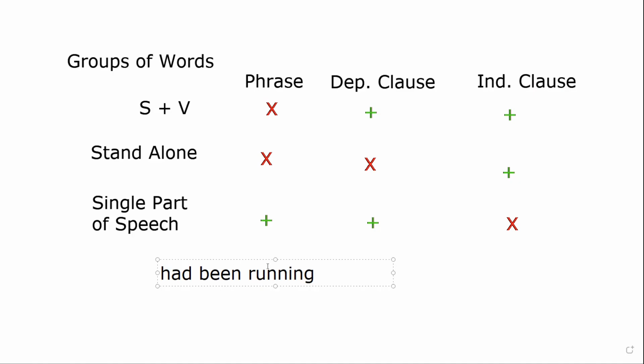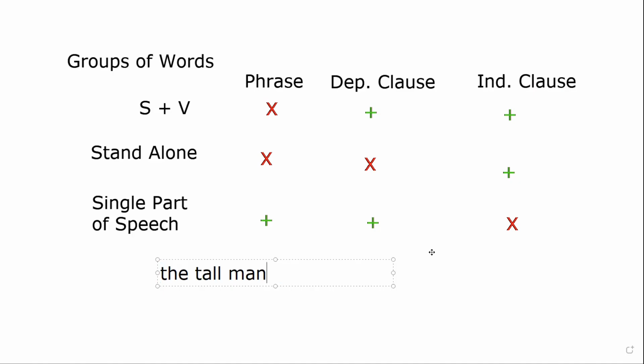Is it a single part of speech? Yes, it's a verb. So this is a phrase, and it's a verb phrase, right? We can even say the tall man. Does it have a subject and a verb? No. Does it stand alone? No. I haven't said anything about the tall man. Is it a single part of speech? Yes, it's a noun with its modifiers.